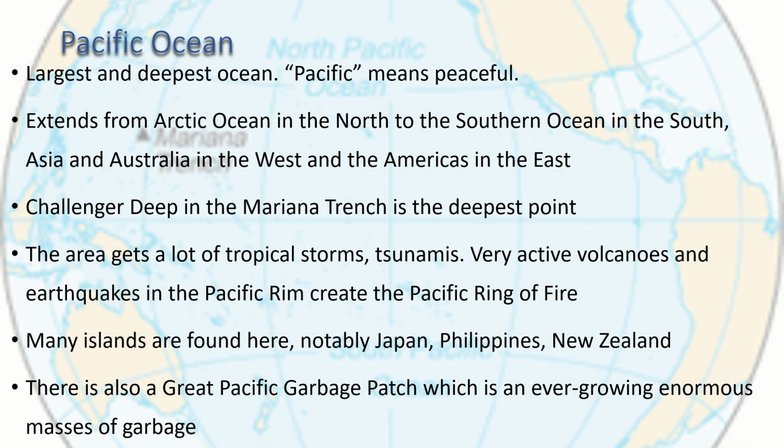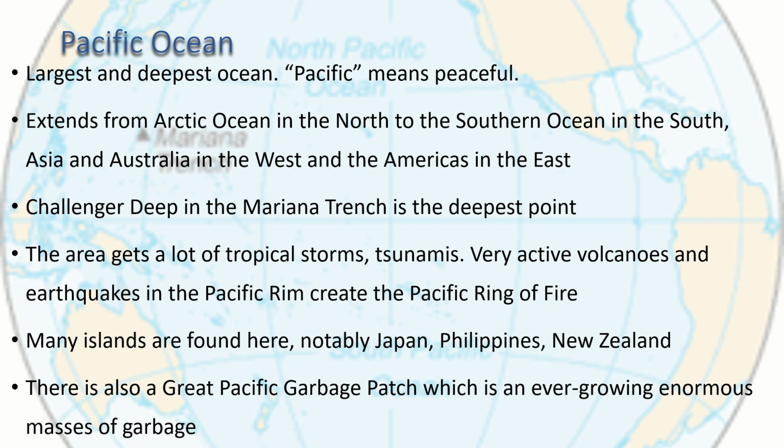This Pacific Ocean, children, is the largest and deepest of the Earth's oceanic divisions. The name Pacific was coined by the Portuguese explorer Ferdinand Magellan when he was circumnavigating the world in 1521. When he reached this area, he found favorable winds and it was very calm and peaceful.